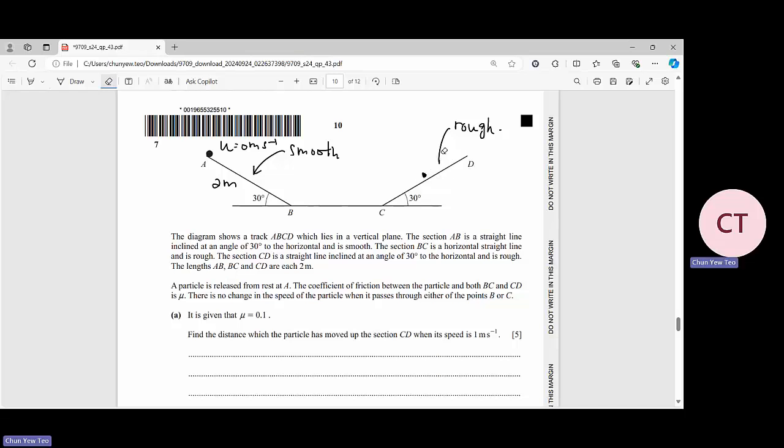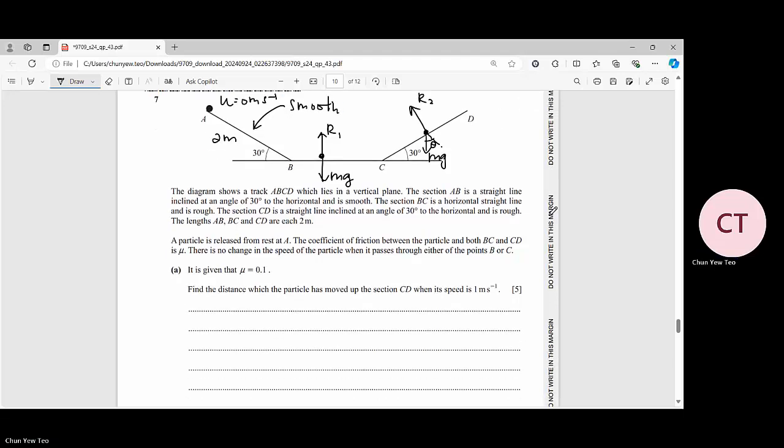Over here, when we define here, your normal contact force is R1. This is the M. The M is not given. Then when you go up here, R2.